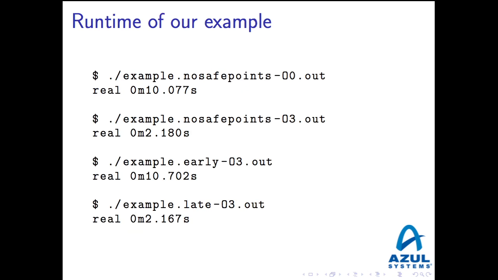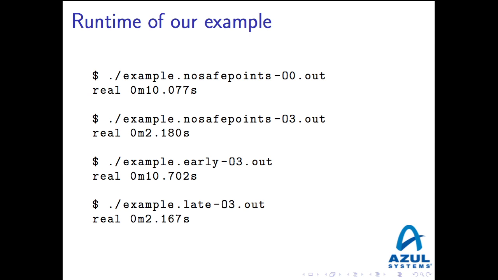To look at the impact of this and show why late insertion is so necessary, consider the simple runtimes I've got up on the screen here. The top one is simply the example I showed you, compiled O0 with no Safepoints at all. So this runs in about 10 seconds. If you take the C example and compile it with O3, your runtime drops to about 2 seconds.